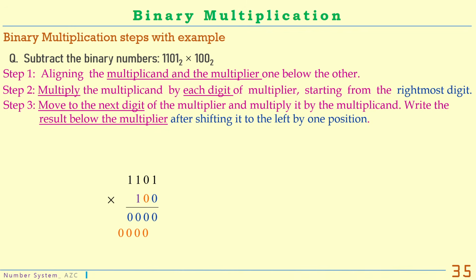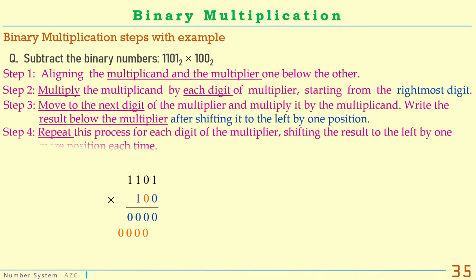Write the result below the multiplier after shifting it to the left by one position. Step 4. Repeat this process for each digit of the multiplier, shifting the result to the left by one more position each time.